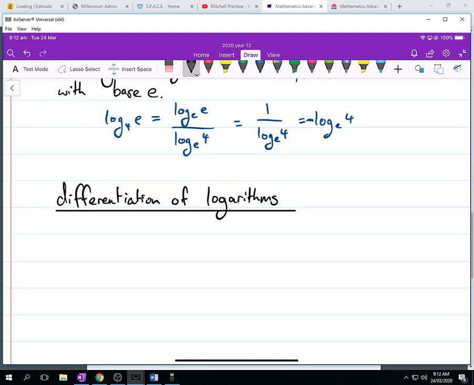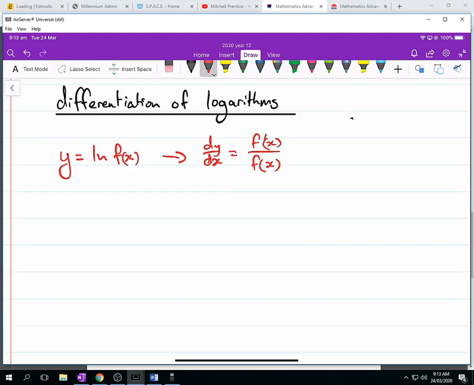So the formula is, if we've got y is equal to ln of f of x, that will go to dy dx is f dash of x over f of x. So firstly, we'll check and see if it's actually true.